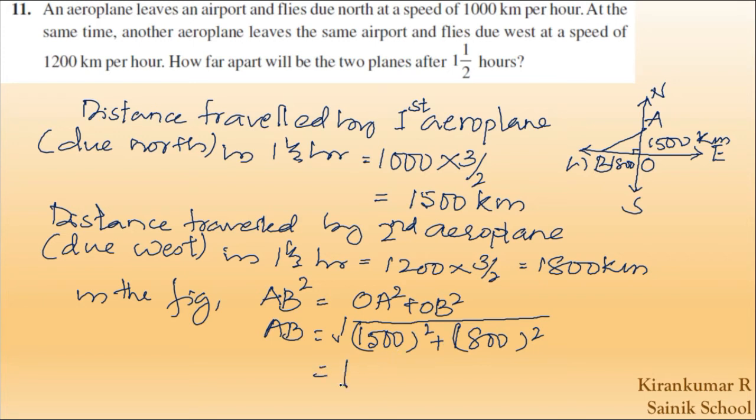So we need to add them. The addition gives 549 followed by 4 zeros. On simplification, we'll get it as 300 root of 61 kilometer. This is the distance between the two aeroplanes.